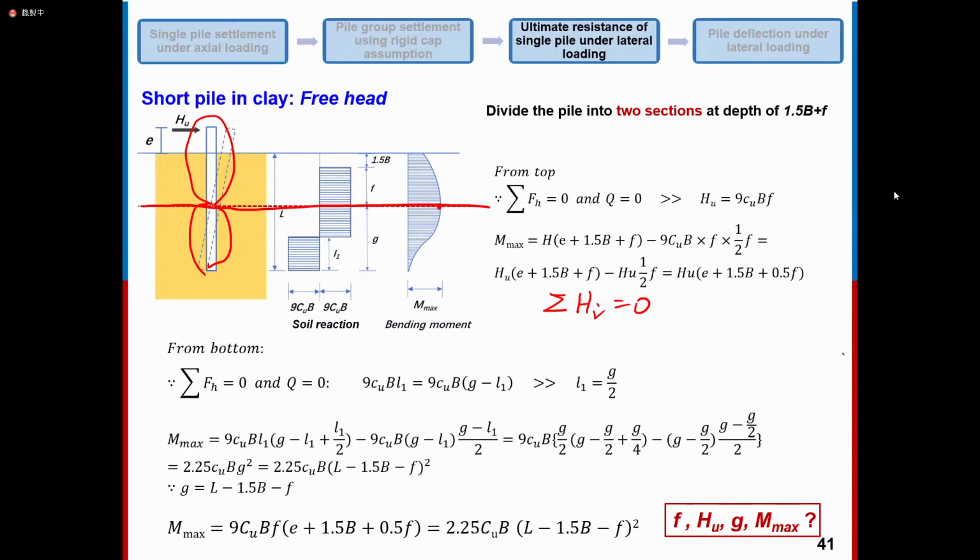After cutting, we normally take moment at this cutting point on the pile. Take a moment here, then we establish another equation, summation of moment is equal to 0, so the equilibrium of moment. Similarly, we can check this part and also this part, the equilibrium of moment, and then establish new equations.